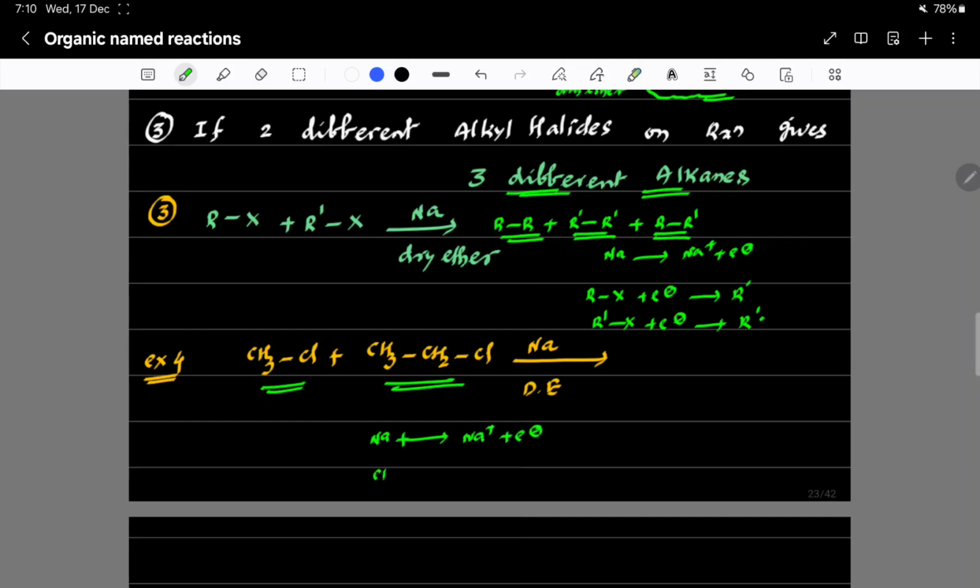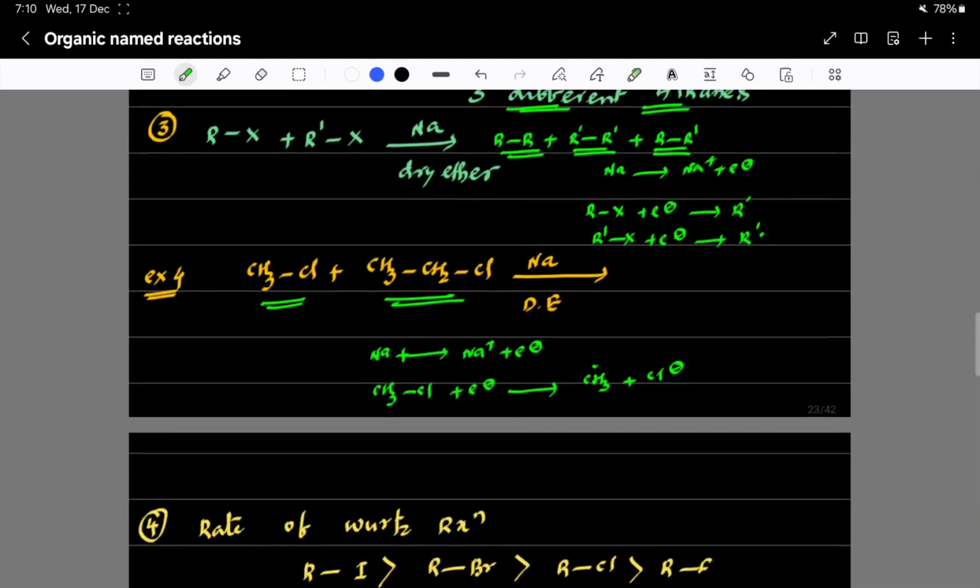This methyl chloride reacts with the electron and forms a methyl radical as a product, plus Cl minus. Now this Cl minus combines with Na plus and forms NaCl.